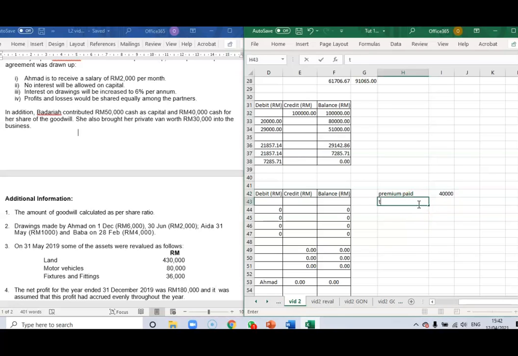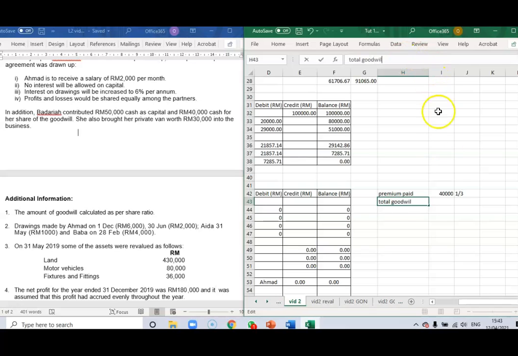So the total of goodwill, if you're using ratio, this amount is actually 1/3, right? Because they share profit in share is 1/3. Oh, sorry, always forgot about that.